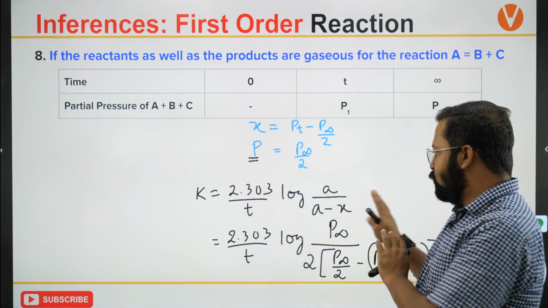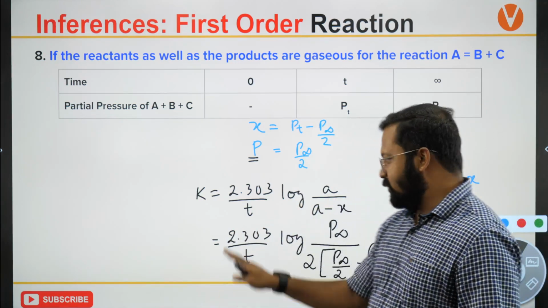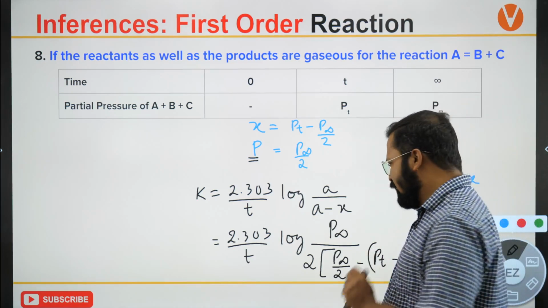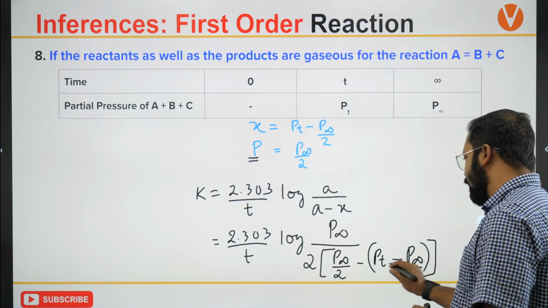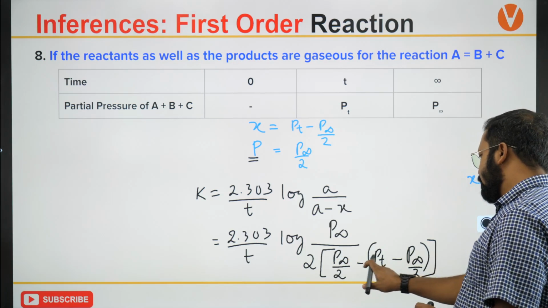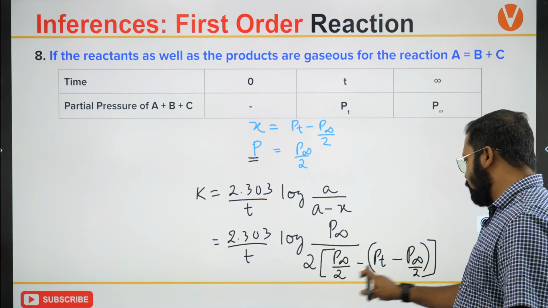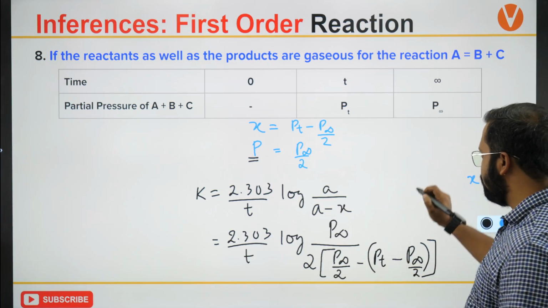Okay? 2.303 is multiplied so as to get it to log base 10. Clear? So I will get this, and P infinity plus P infinity by 2 will become P infinity by 2 plus P infinity by 2 will become P infinity.